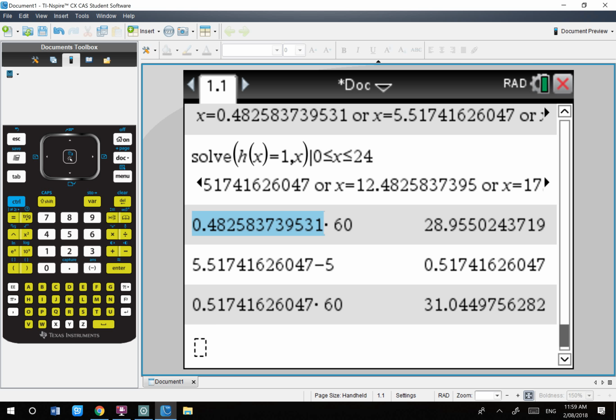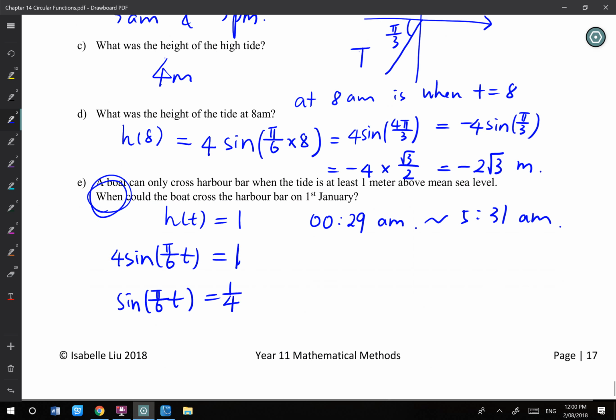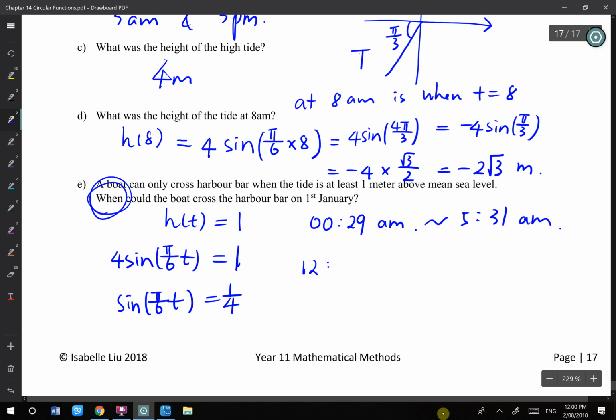Because the sine graph is symmetrical, you will have the same time, same minutes. Therefore, T3 is 12:29 p.m.